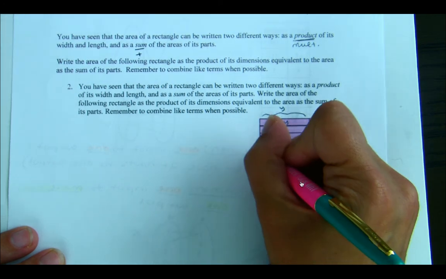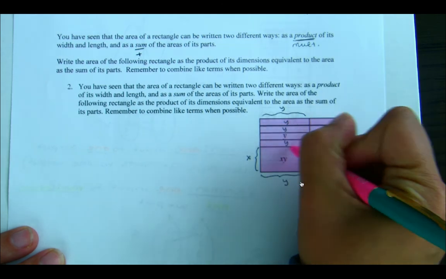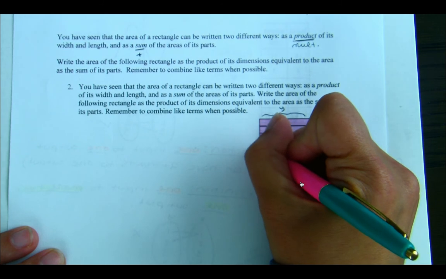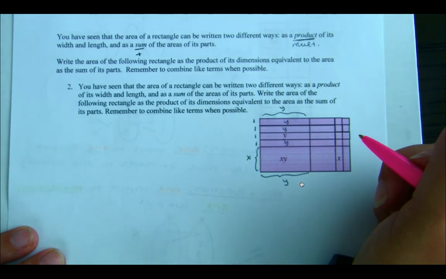Well, X. So this right here must be X. To get the area of this rectangle piece here to be Y, it means I'm multiplying by 1. So these are each 1 in length.